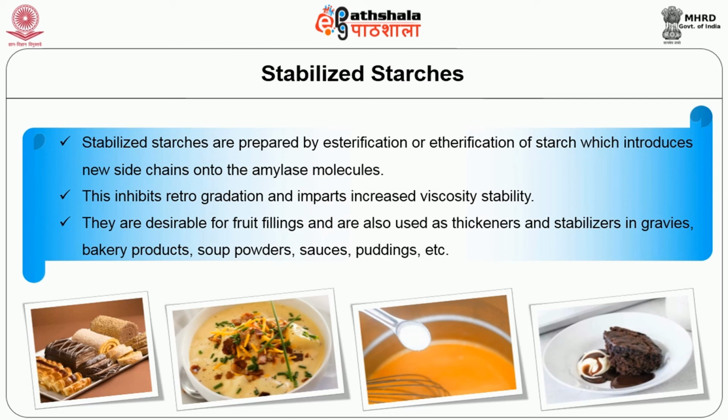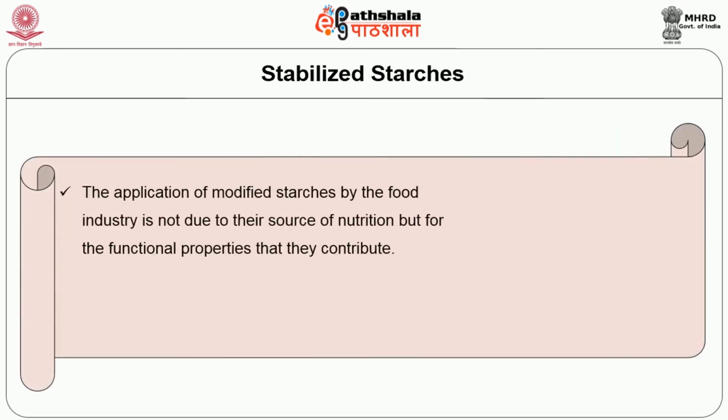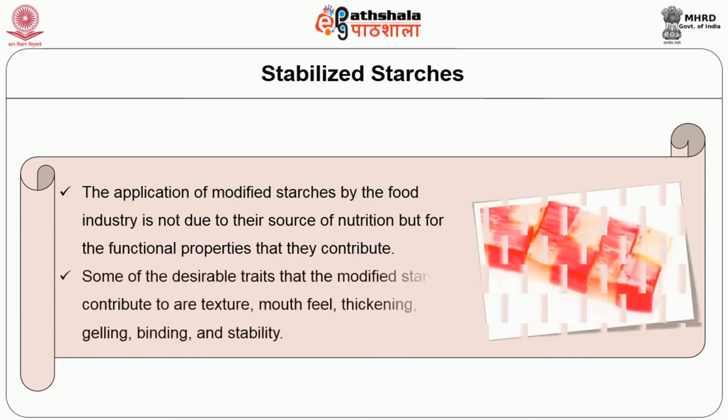They are desirable for fruit fillings and are also used as thickeners and stabilizers in gravies, bakery products, soup powders, sauces and puddings, etc. The application of modified starches by the food industry is not due to their source of nutrition but for the functional properties that they contribute. Some of the desirable traits that the modified starches contribute to the processing industry are texture, mouthfeel, thickening, gelling, binding and stability.